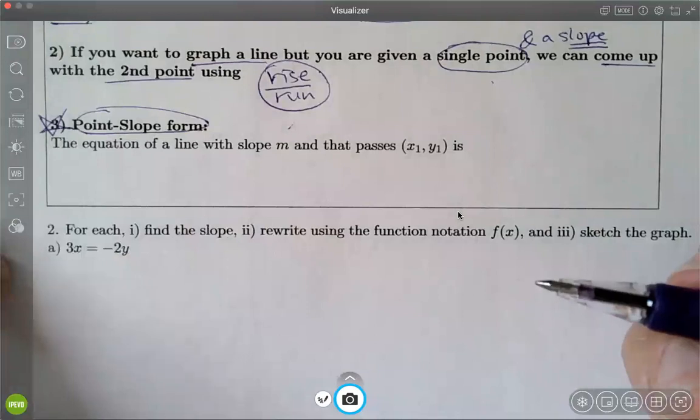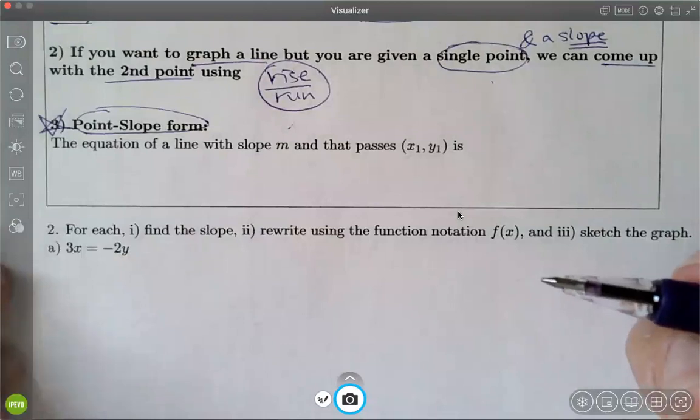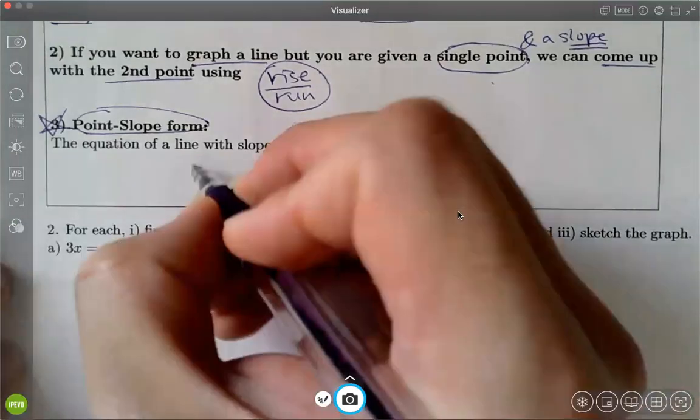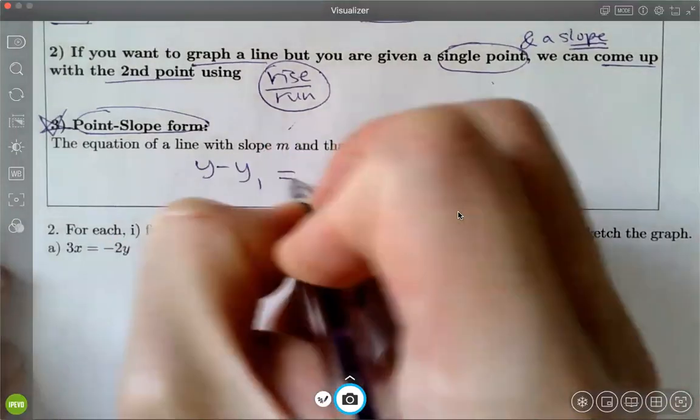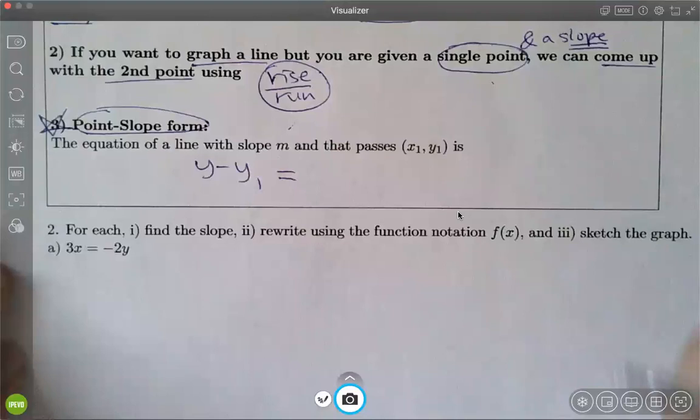Because normally people can remember this, which is why they need some kind of hint. So y minus y1 is the left-hand side. And can you remember what goes on the other side? x minus x1. Okay, x minus x1.